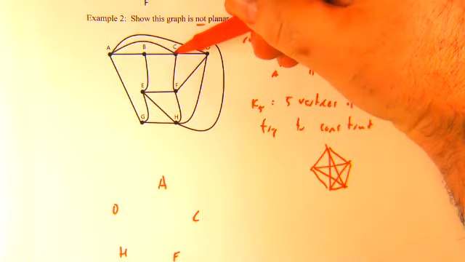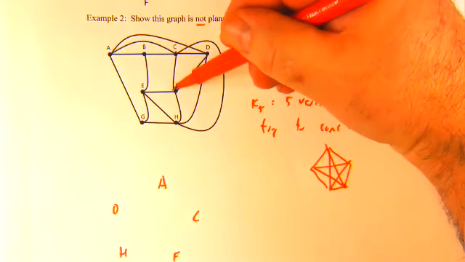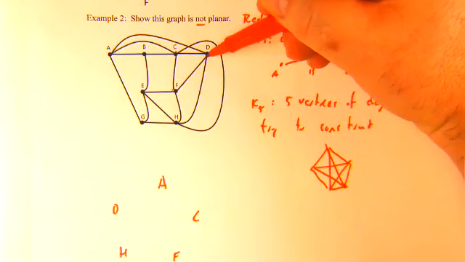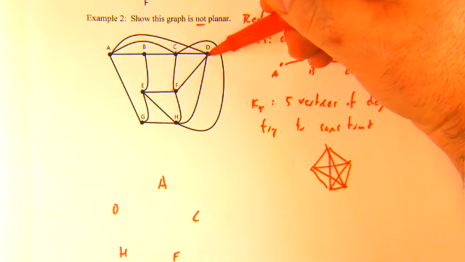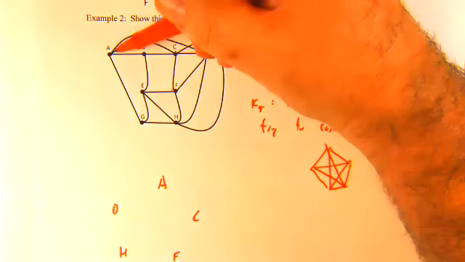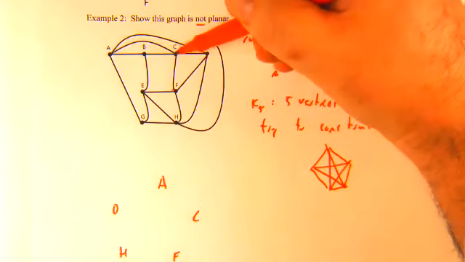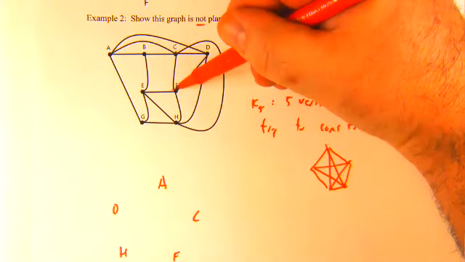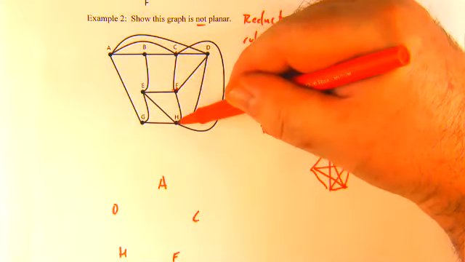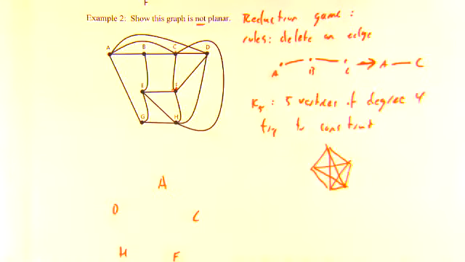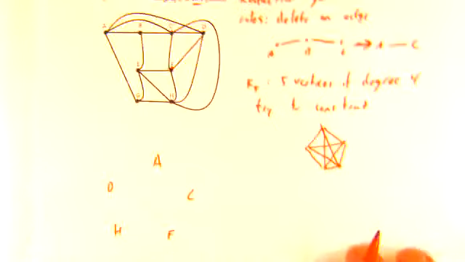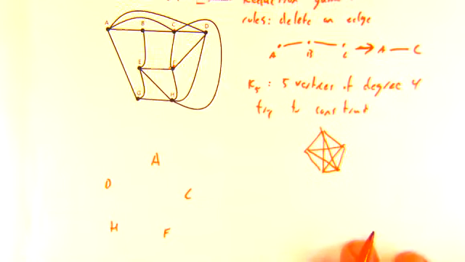A, C, C, F, F, D, F, D, D, A to C, C to F, F to H, H to D, D back to A. That's a 5-cycle. And I can take that as sort of my outside cycle.